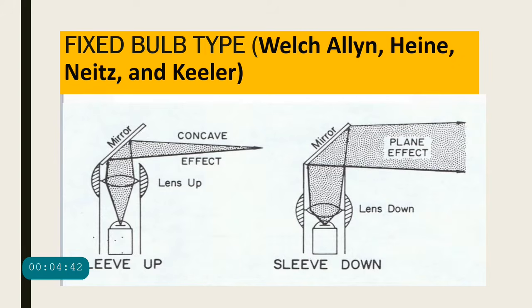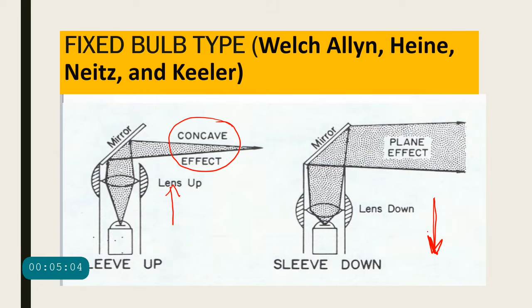If you move the lens up, the distance between the bulb and the lens will increase, and as I told you, as the distance increases, the rays will become more converging, and we will have a concave effect. But the effect we want in retinoscopy is the plane effect, and for that the sleeve is moved down.